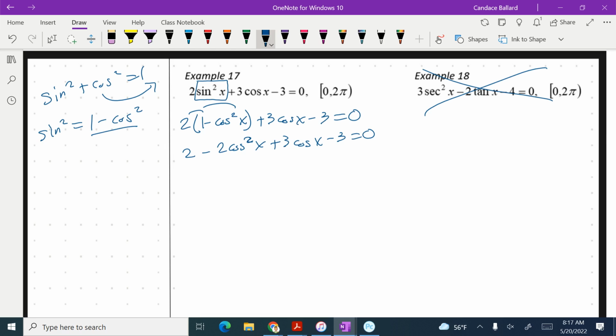All right, what's next? Can't factor it yet. There's something else I can do. Are there any like terms? Yeah, can't I put these guys together? So what's 2 minus 3? Good. Negative 2 cosine squared x plus 3 cosine x minus 1, right? Equals 0.